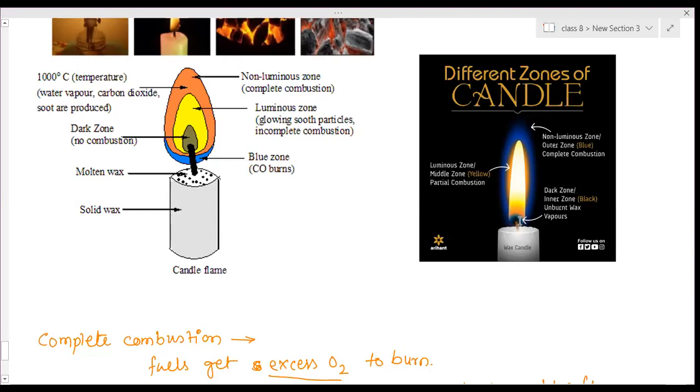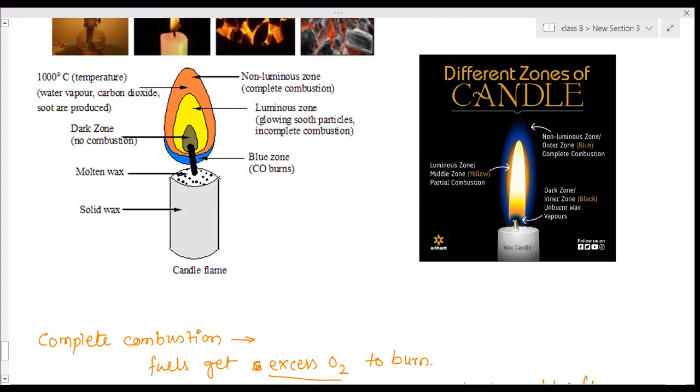And the innermost, near the wick, you can see the black spot. That black spot is there because it is the innermost zone, and the oxygen reaching that level is very less. So it undergoes incomplete combustion. Here at least partial combustion is going on, but in the innermost zone incomplete combustion takes place because no oxygen is available.